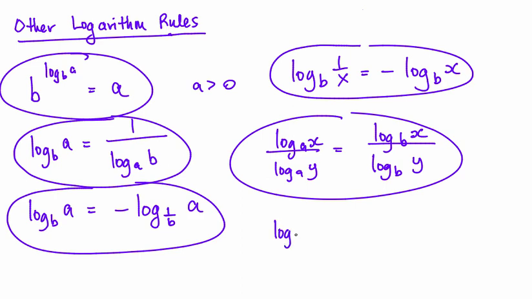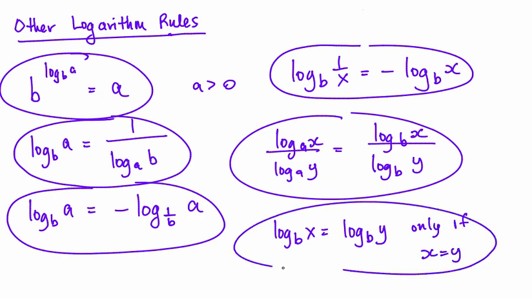And log base b of x will be equal to log base b of y only if x is equal to y, which kind of brings us back to the very first thing that we looked at when we were doing some of the definitions. Okay, so there's some extra log rules that you can learn as well, and be ready to do some practice in class.